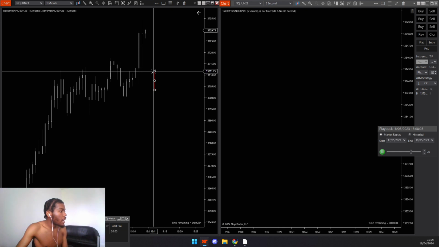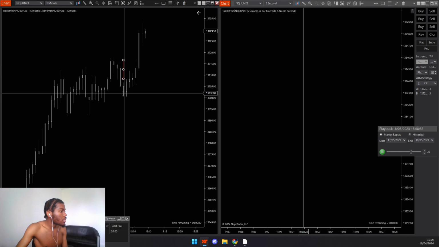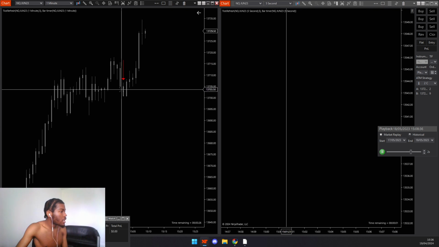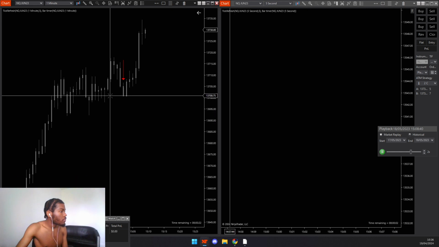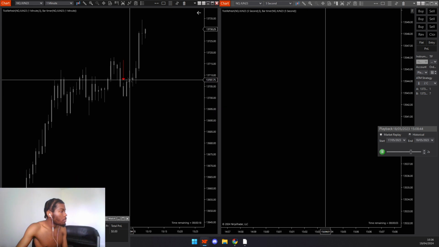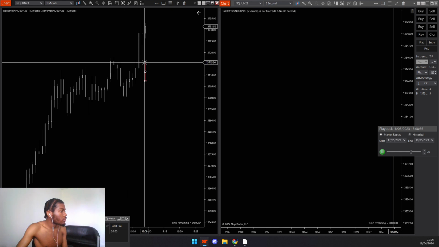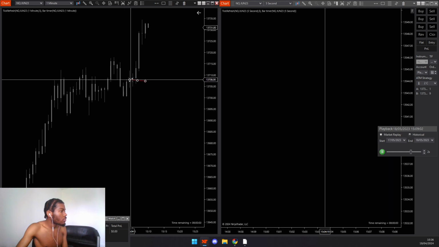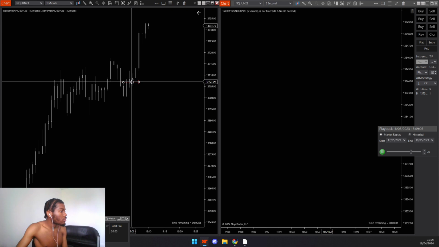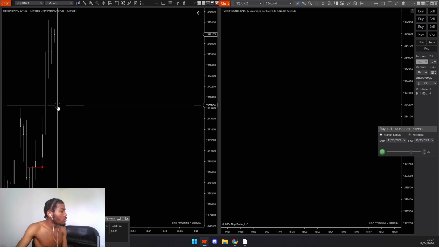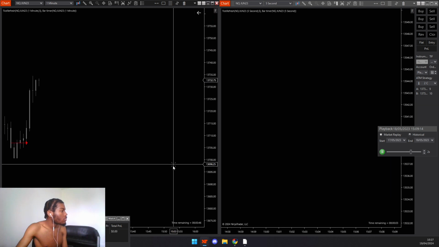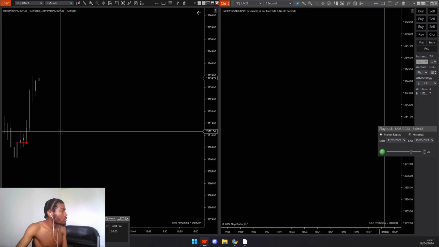A valid high responsible for putting in a low, which is this candle here. We need to see a body closure above it. We're in an uptrend.